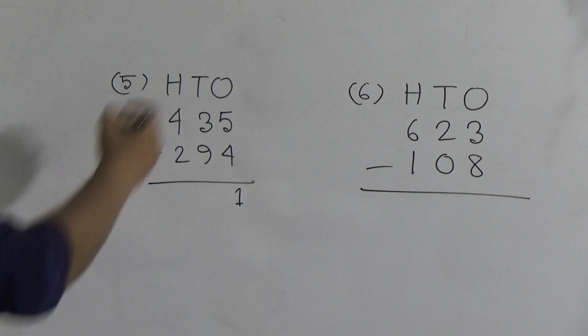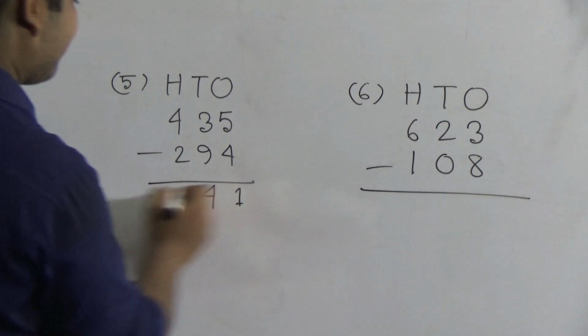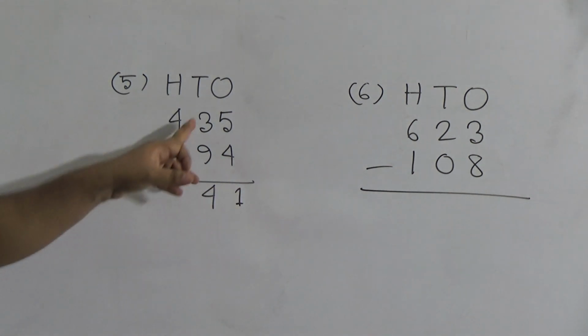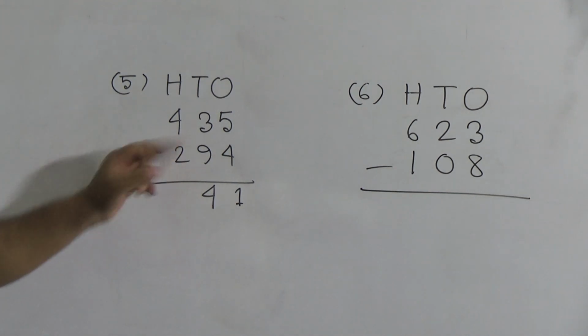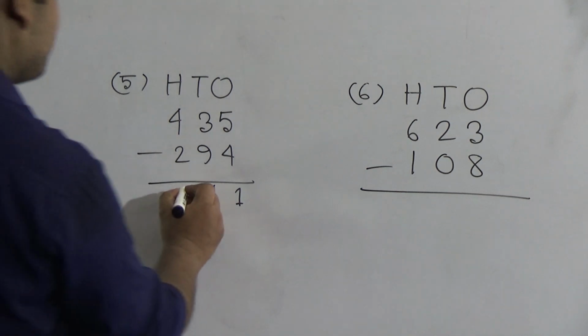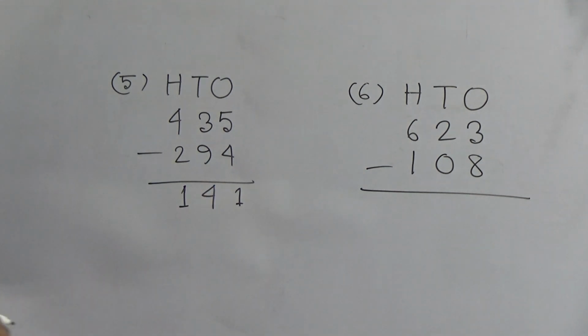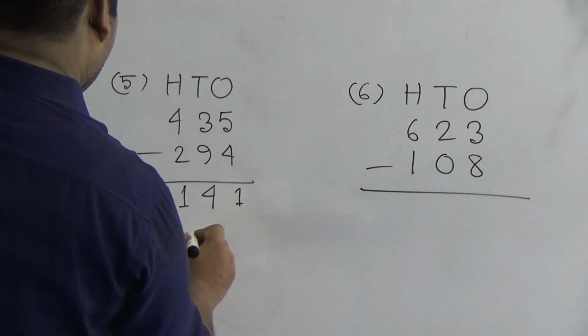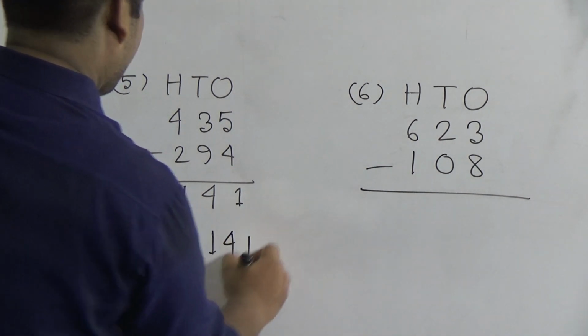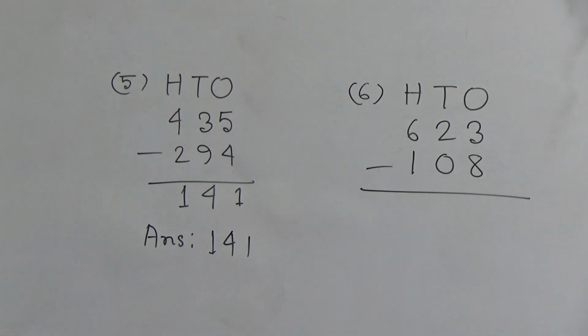That means 4. So we write here 4, and that carrying 1 is added with this 2 and it will be 3. Now we subtract 3 from 4 and we get 1. So 141 is the required answer. Now we write 141. I hope you have understood.